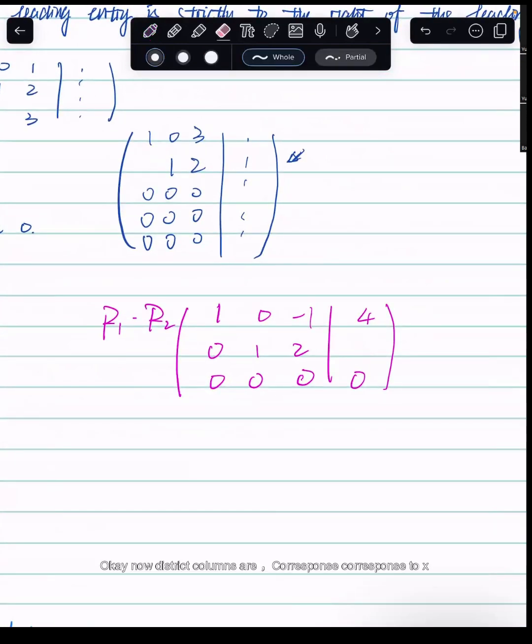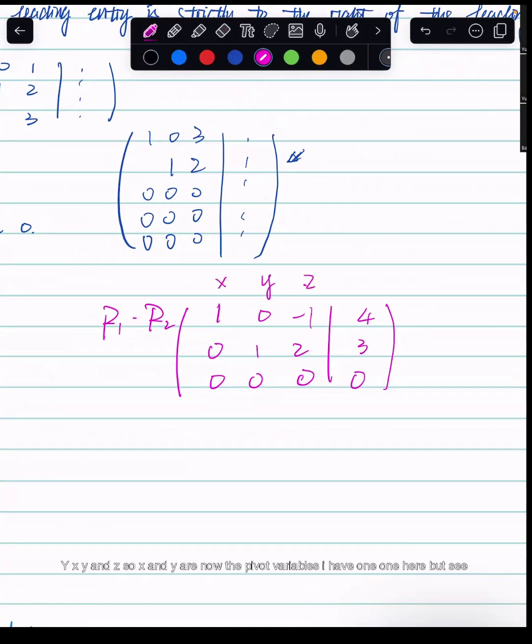Now these 3 columns correspond to x, y, and z. So x and y are now the pivot variables. I have 1, 1 here.